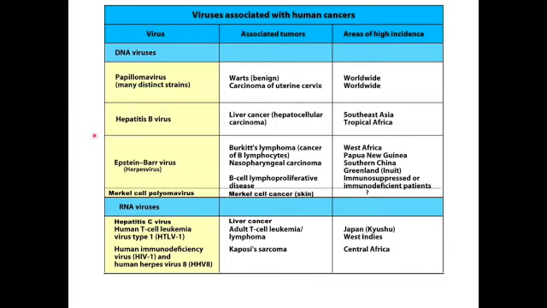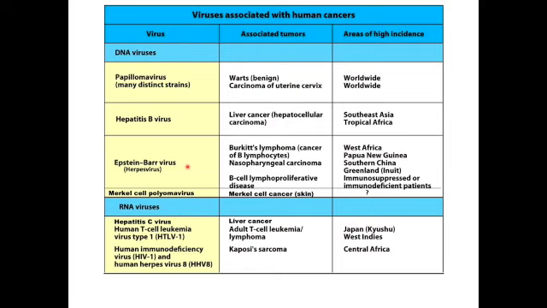Hepatitis B virus, if you remember, that's the really weird one that has the partially double-stranded, partially single-stranded DNA genome with the covalently bound RNA. I believe it's a Baltimore Class 7 virus. This one causes hepatocellular carcinoma.